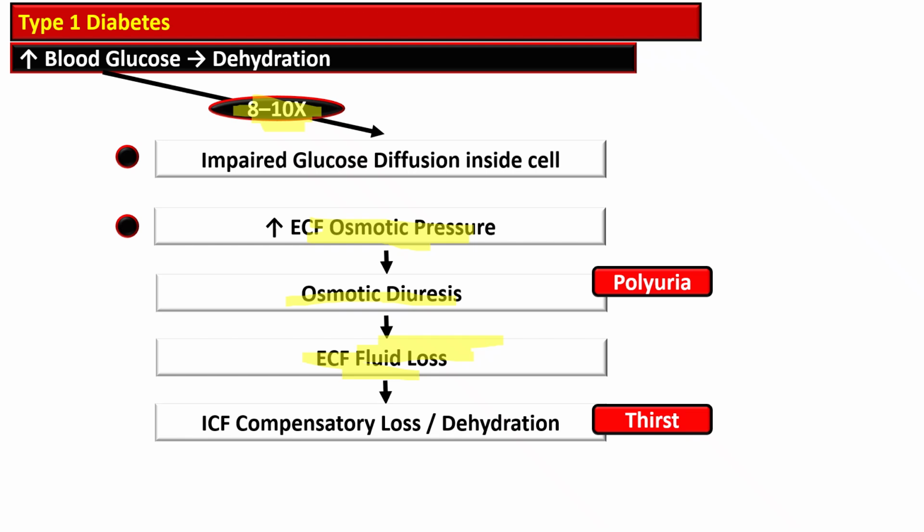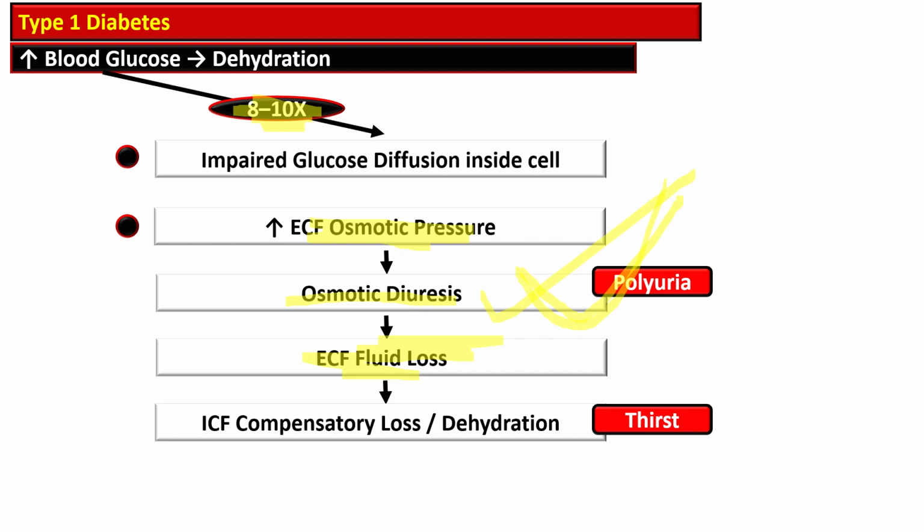So osmotic diuresis also occurs. Excess glucose is secreted in the urine, glycosuria, the term we have already discussed, and the glucose in the renal tubule creates an osmotic effect, reducing fluid reabsorption, and this leads to polyuria, that is excessive urine output, and further loss of body fluid and electrolytes.